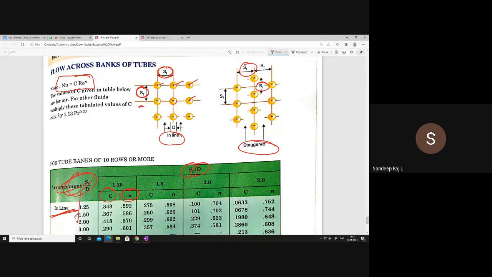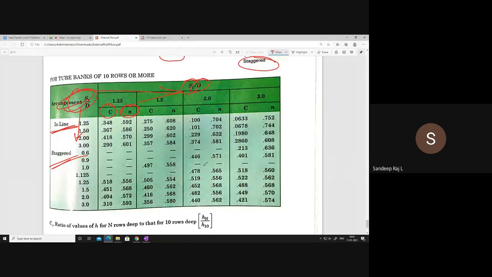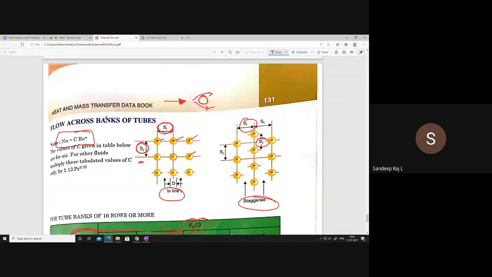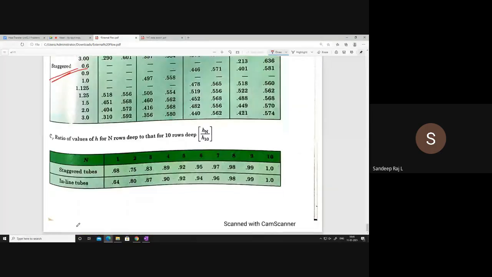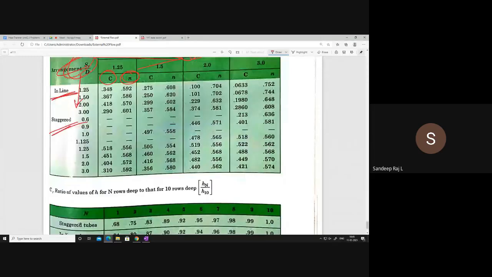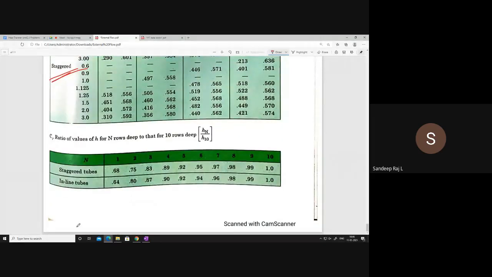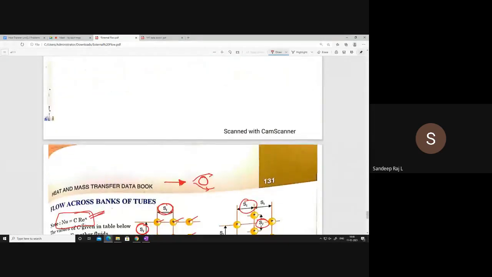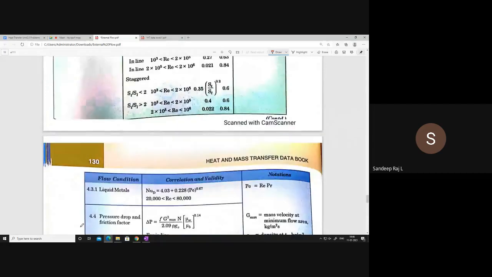So the x-axis value you will find, and the y-axis value you will find, and the corresponding C and n values you will take and put in Nu is equal to C into Re power n, and then you'll be in a position to solve for the h value. So it's again a simple thing, the flow across the tube banks is taken like that.